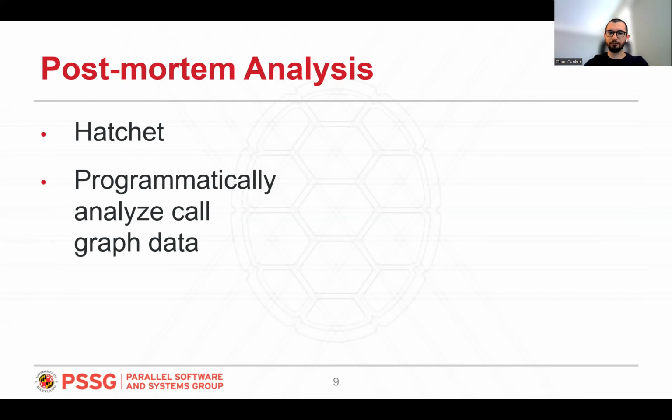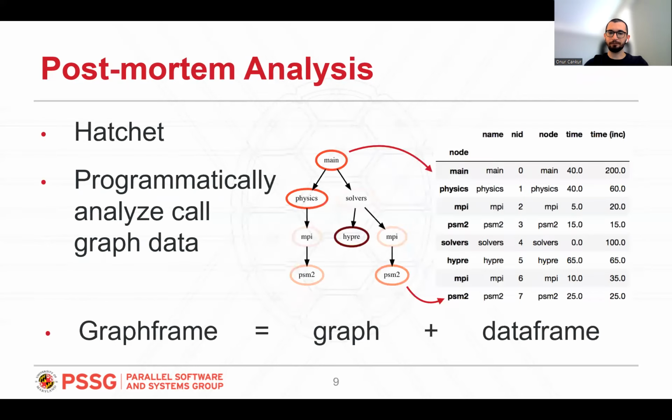Hatchet enables analyzing call graph data programmatically by providing a data structure called GraphFrame, which is a Python graph object and a pandas data frame. For example, we can identify the slowest node using the data frame, and then we can manipulate the graph and get the call path of the slowest node. This is how we use Hatchet in this paper.